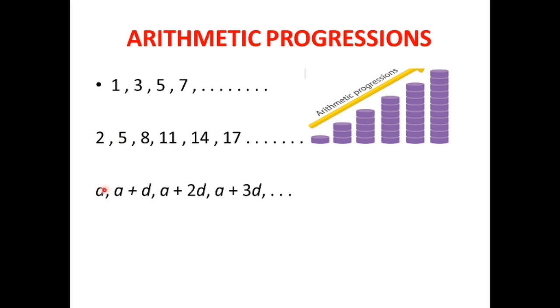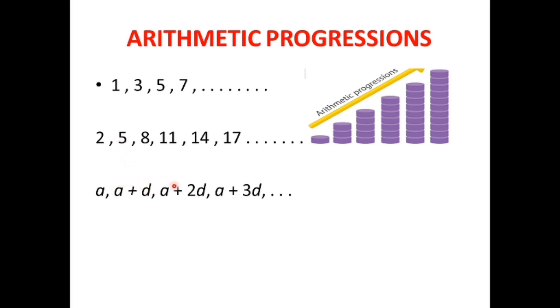Now let us see how to write an arithmetic progression in terms of letters. The first term is A. The second term will be A plus D, because we added the difference to the first term. Here the difference is 3, the first term is 2, and we added 3 to get 5.